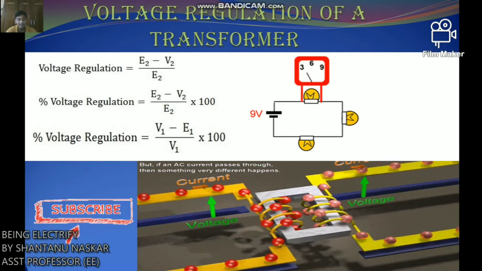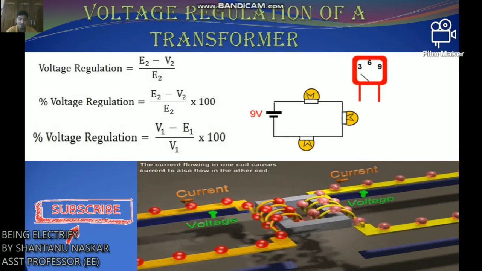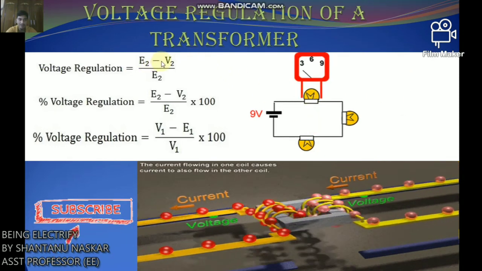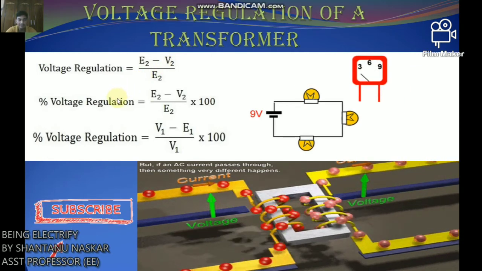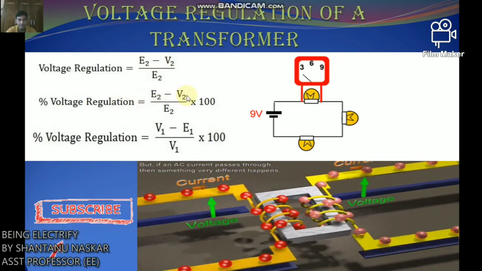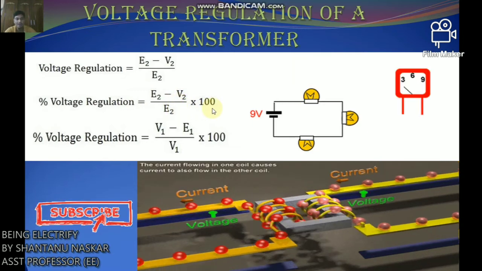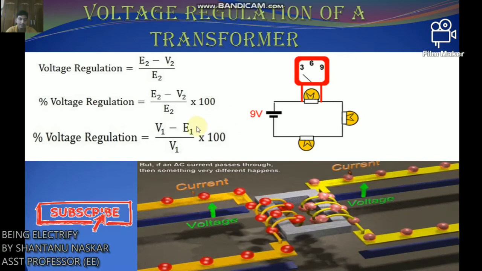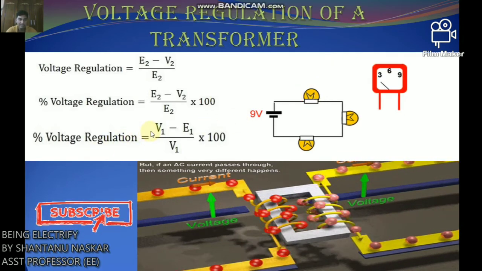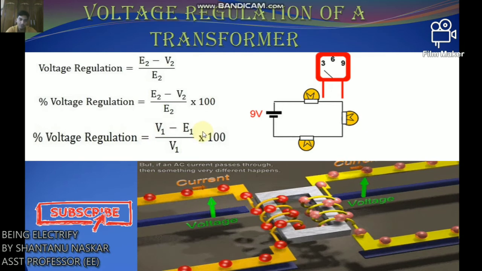Mathematically, the voltage regulation is represented as voltage regulation equals E2 minus V2 by E2, and percentage voltage regulation equals E2 minus V2 by E2 into 100, where E2 is the secondary terminal voltage at no load and V2 is the secondary terminal voltage at full load.